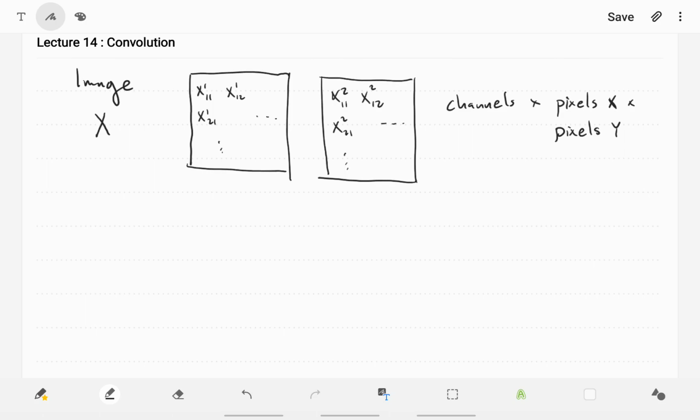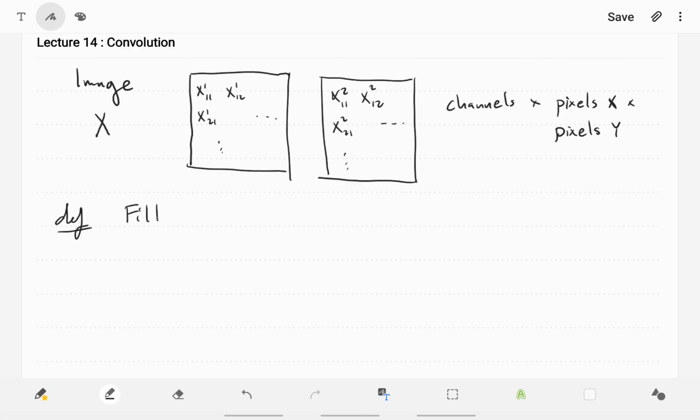Okay, so before convolutional neural nets really became the standard tool for doing image analysis, people would define filter banks, which are predefined operations for images. So let's just define them explicitly.